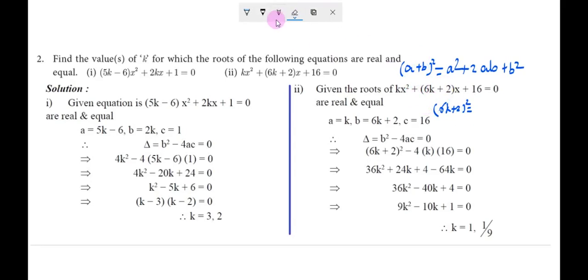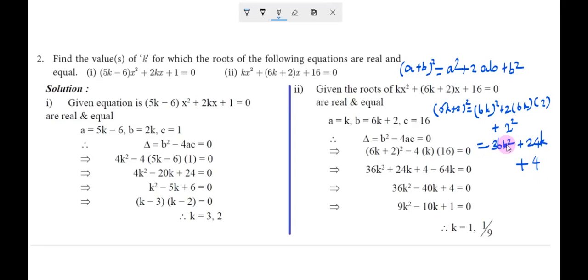So that is equal to a square. So 6k the whole square plus 2, a value 6k, okay, b value 2 plus b square, it is 2 square, that is equal to 6 square, it is 36 k square plus 2 into 6, it is 12, 12 into 2 24, so 24 k plus 2 square value, it is 4.